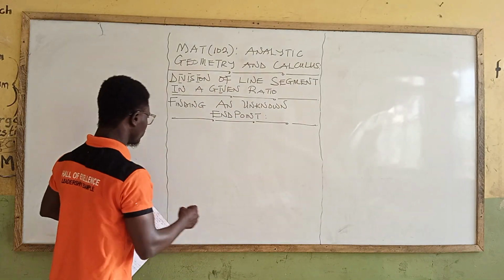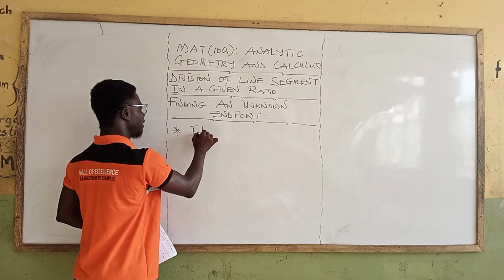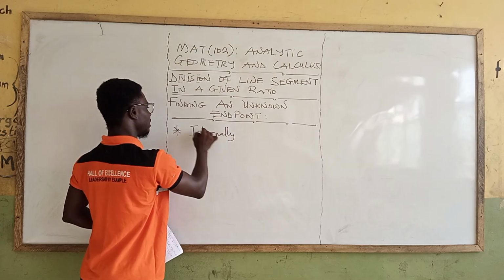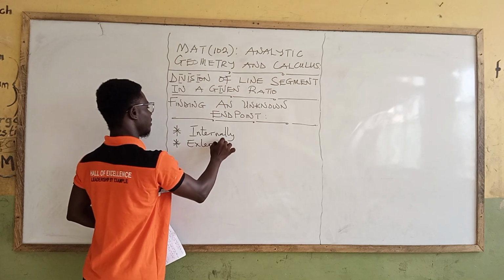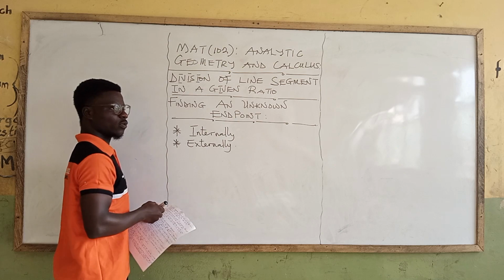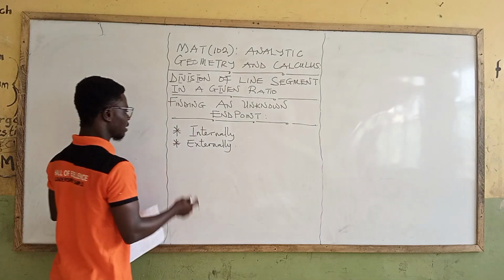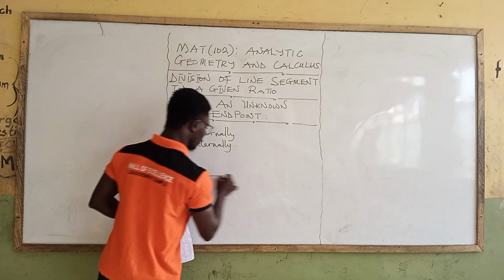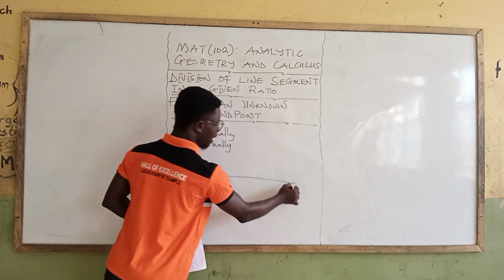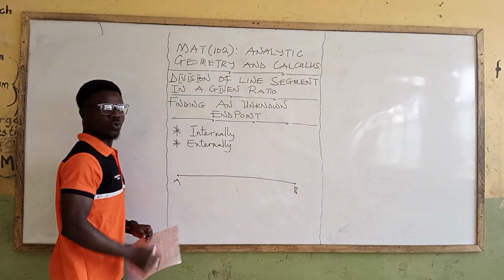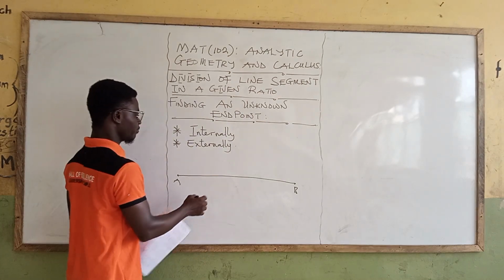We have division of line segments either internally or externally. So, internal division: let's say we have point A and point B, with a line segment joining them.